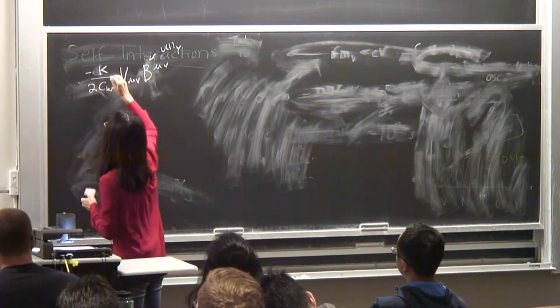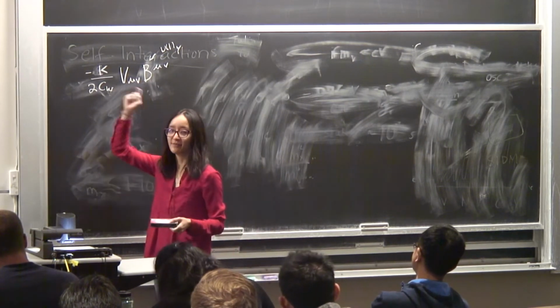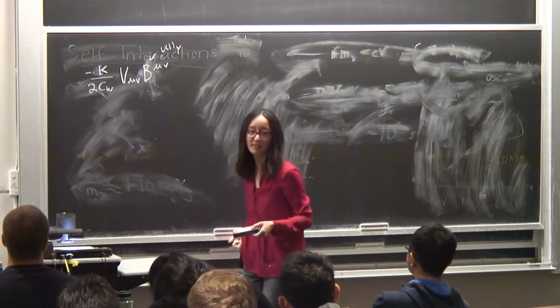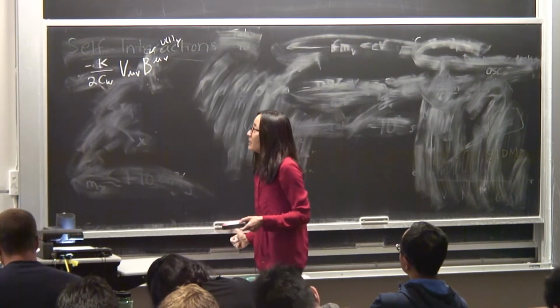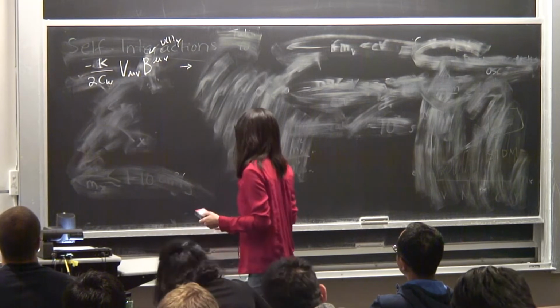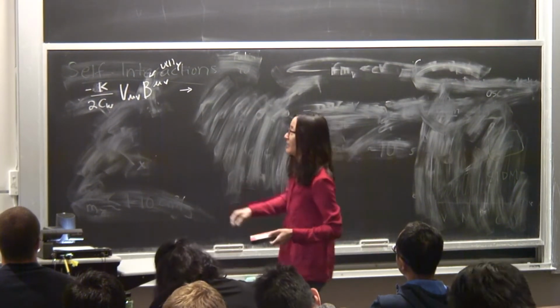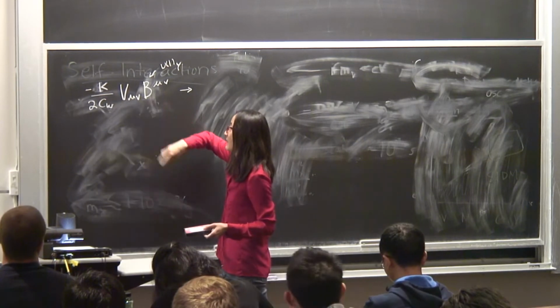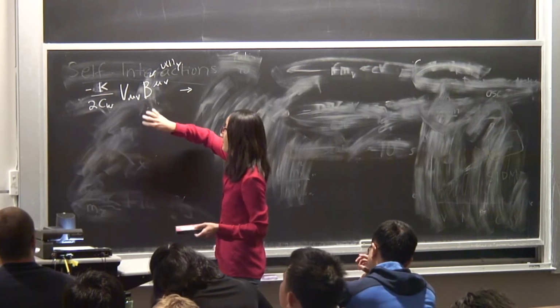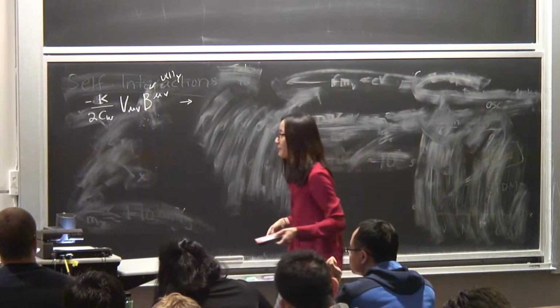I put in the cosine of the weak angle just to make sure that when I go to the photon, this weak angle disappears. It's helpful to go over this every once in a while, but I'll just write down what happens when I diagonalize the gauge boson kinetic terms and look at what matter couplings I have.